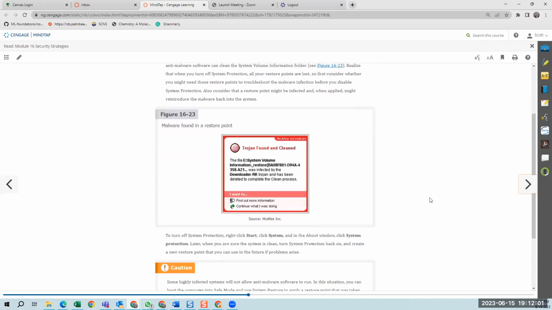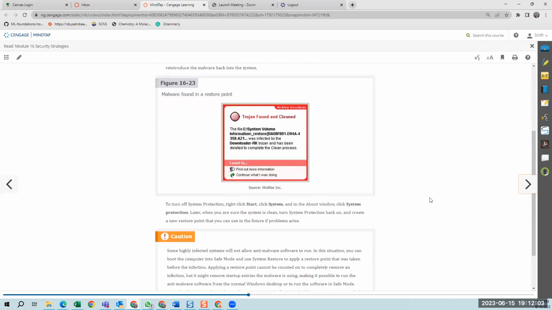We've got a variety of things that we've got to go check. I want to be able to run the antivirus, but if it realizes there's malware or a virus on your machine, how do you fix that?